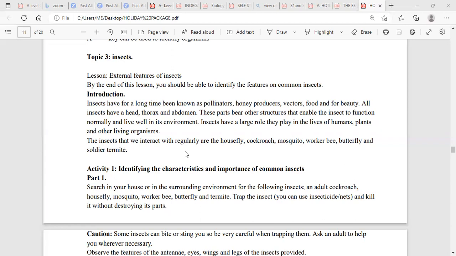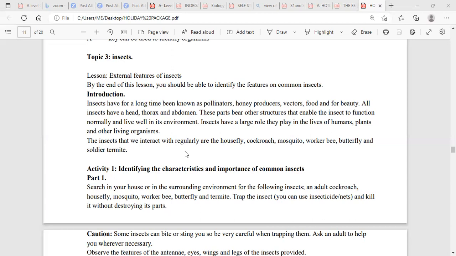The main characteristics of the insects are the following: they are divided into three main body parts, that is the head, thorax, and the abdomen. They have a pair of antennae on the head. They have three pairs of jointed legs, which are attached to the thorax.